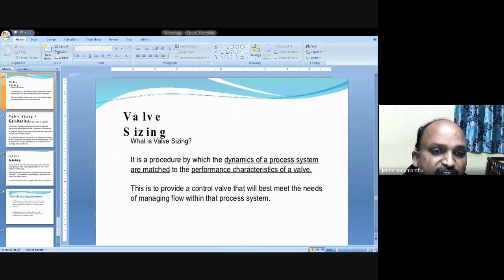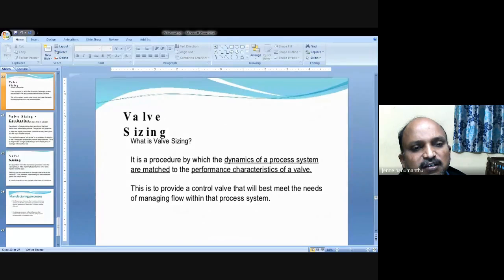For half inch, what is the C value? For 1 inch, what is the C value? For 1.5 inch, what is the C value? We want to select all these C values before designing this control valve. It is a designing factor.